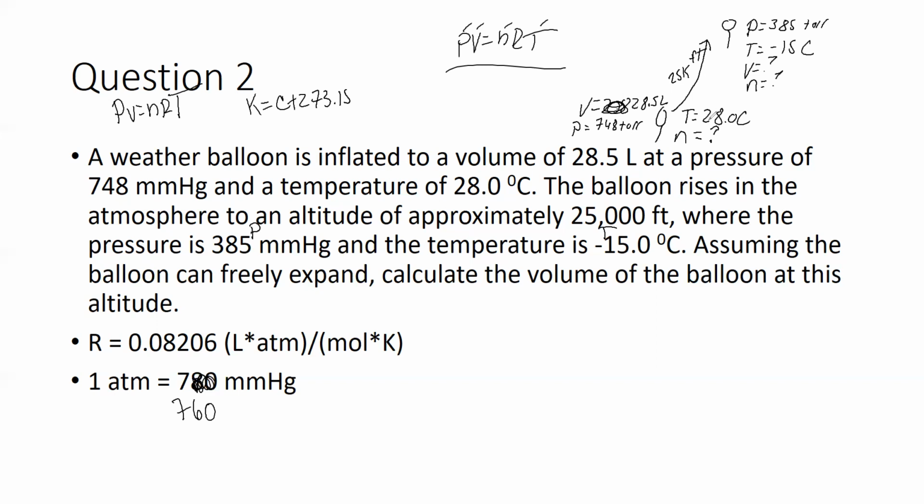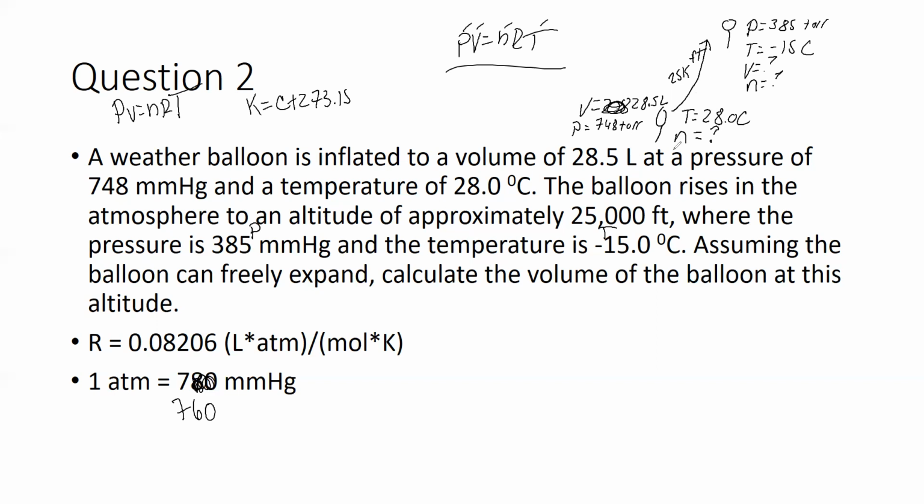The critical thinking part of this is to realize that even though I'm at 2 different altitudes, the gas inside the balloon itself never changes: you never lose gas, you never add gas.